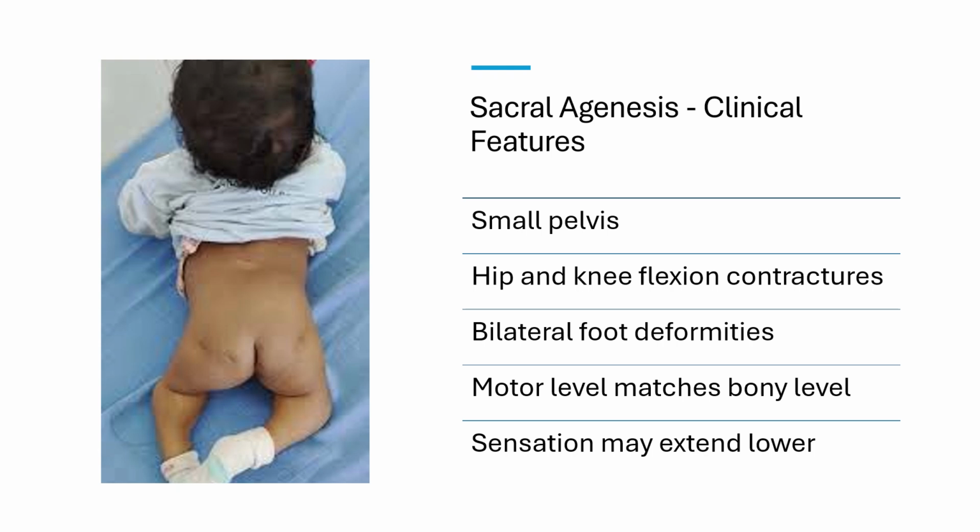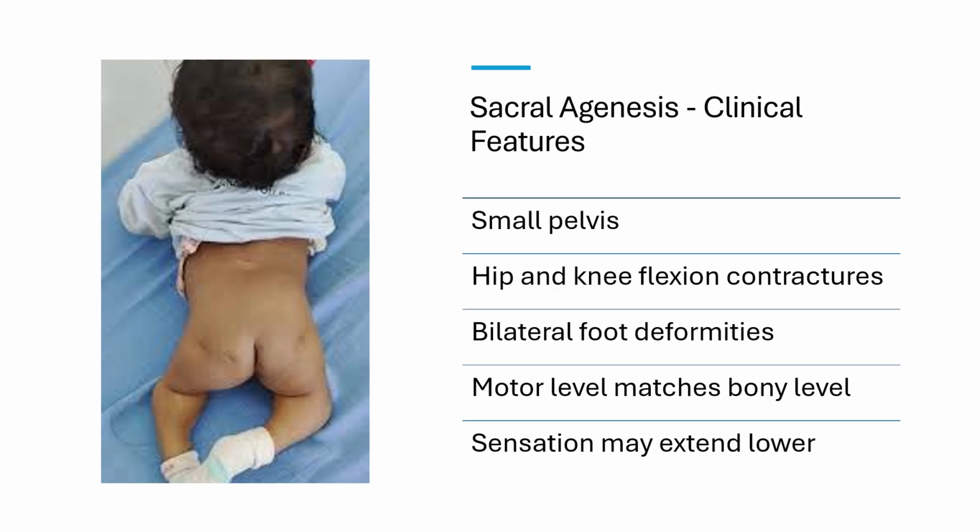Hip and knee flexion contractures develop because the altered pelvic anatomy and associated muscle imbalances create abnormal forces that pull these joints into fixed positions. Think of this as the body's attempt to compensate for the missing structural foundation by locking adjacent joints into stable positions.